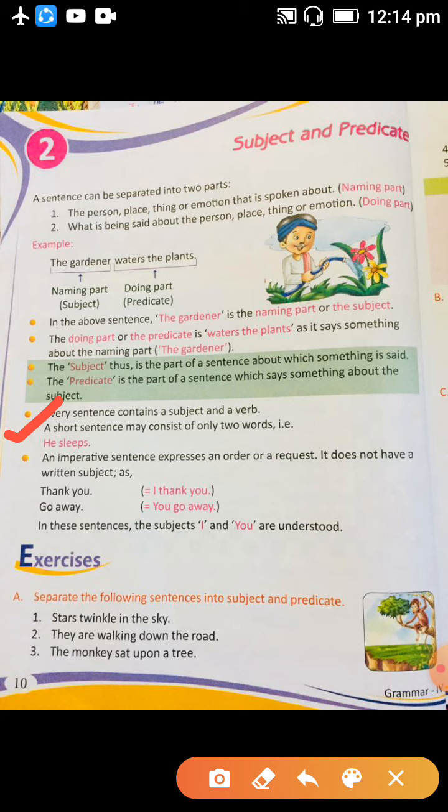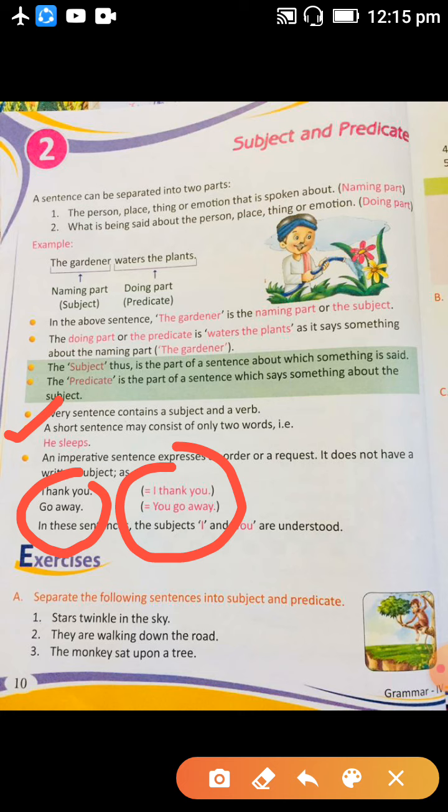For example, thank you and go away. Thank you means I thank you, and go away means I am saying to you, you go away. It is clearly understood that in these sentences the subjects I and you are hidden.